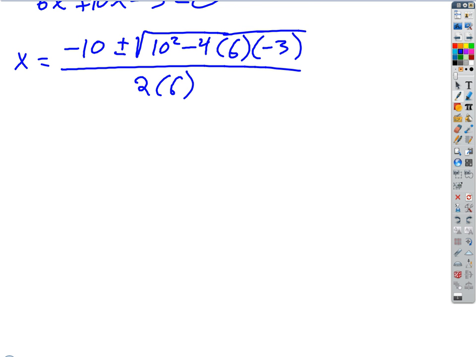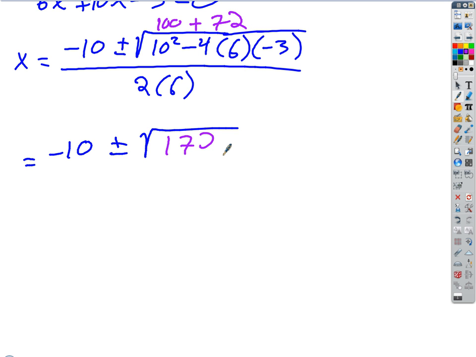So -10 plus or minus the square root of what? What's 10 squared? So that becomes 100 minus 4 times 6 is 24. -24 times -3, positive 72 inside the radical. So I get the square root of 172, all divided by 12.